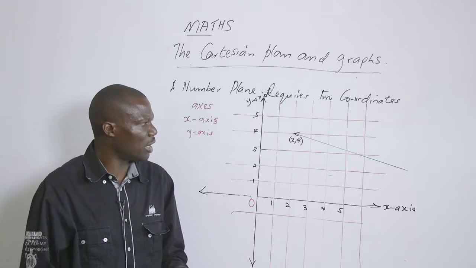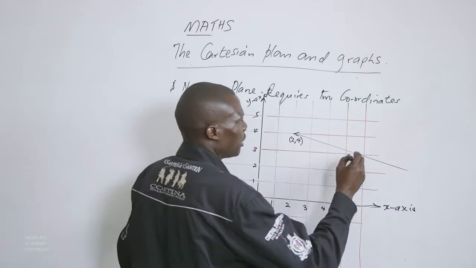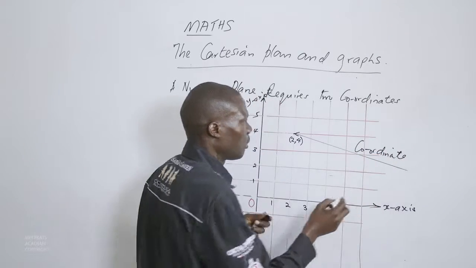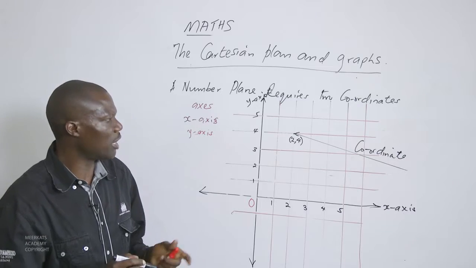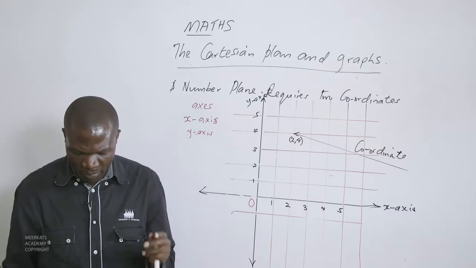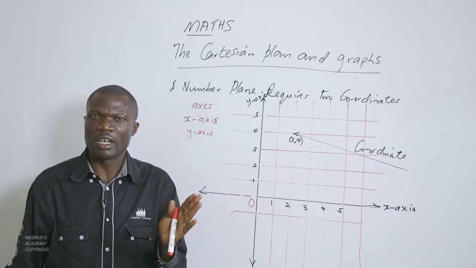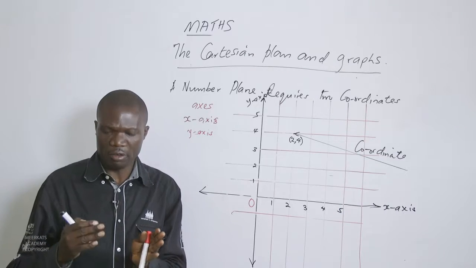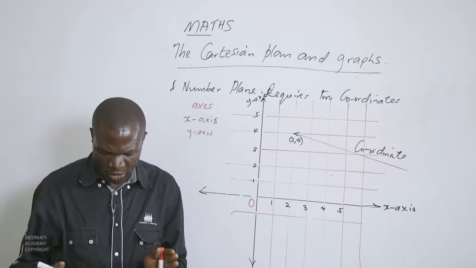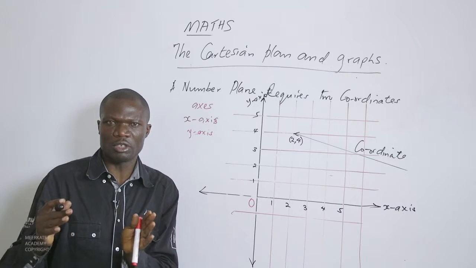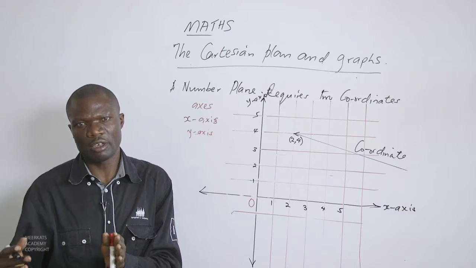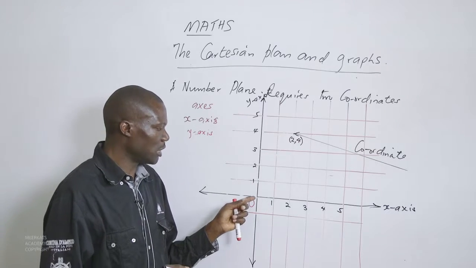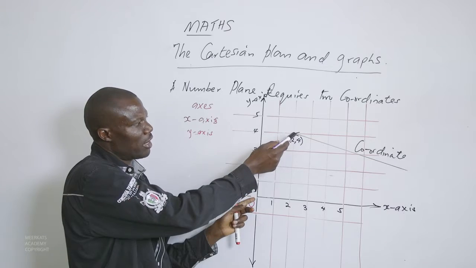Now, this point we are calling a coordinate indicates how far from the origin the point has moved, either in the vertical direction or the horizontal direction. This is the origin, and we are looking at this point.